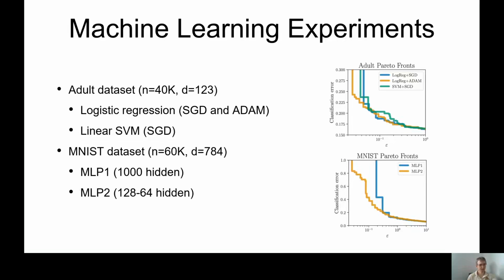For the MNIST, we tried stochastic gradient descent on 2 different neural network architectures. One is a multi-layer perceptron with 1 hidden layer with 1,000 units, and the other has 2 hidden layers, 128 and 64 units.